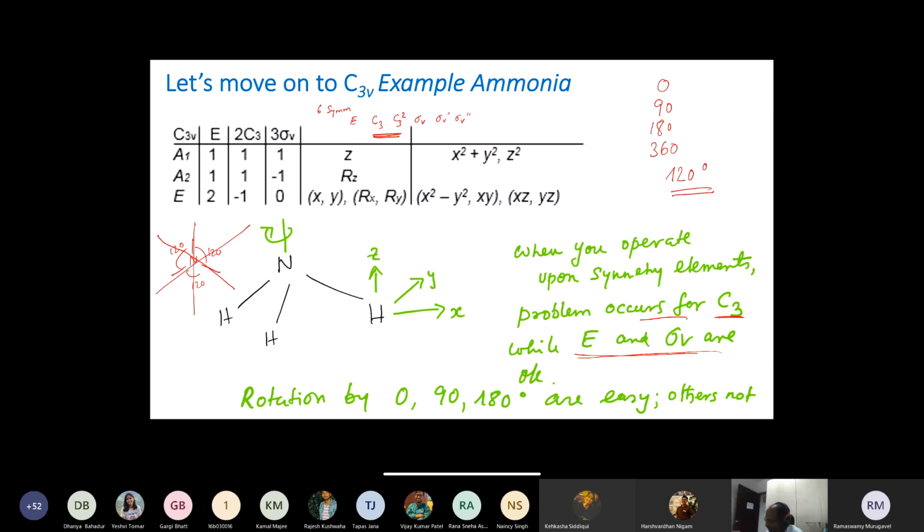Cartesian coordinates are okay for molecules like water, which has only a C2 axis, or molecules like square planar PtCl4 2 minus. This has a C4 axis running through Pt from the top, and then two-fold axes running this way. When you have a two-fold axis, it is 180 degrees, and when you have a four-fold axis, 90 degrees, so life is not a big problem.